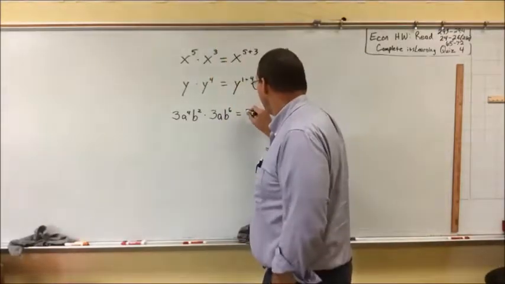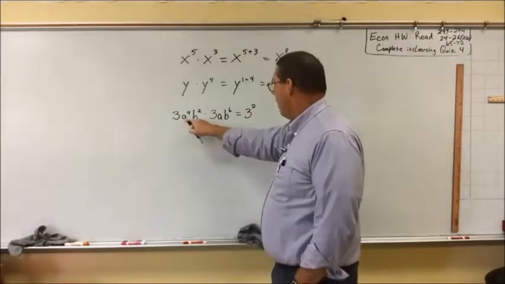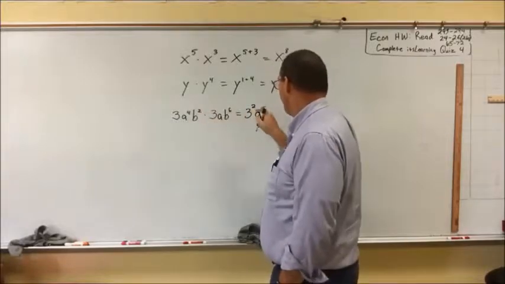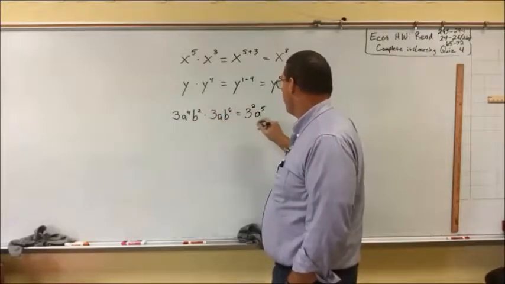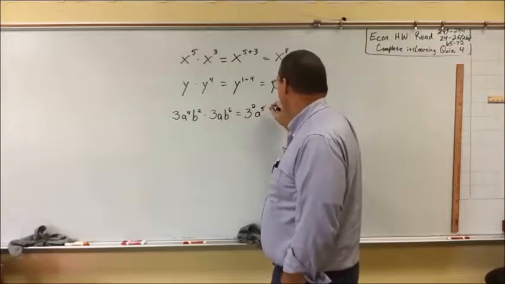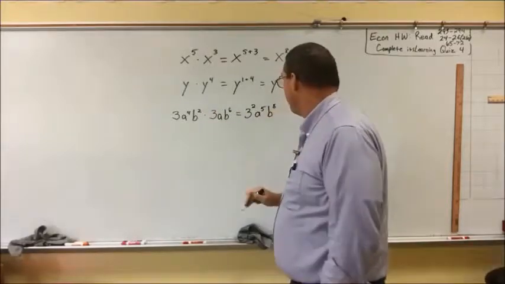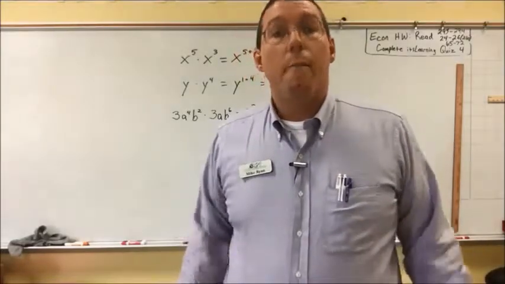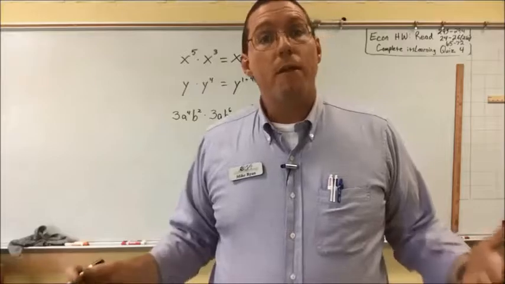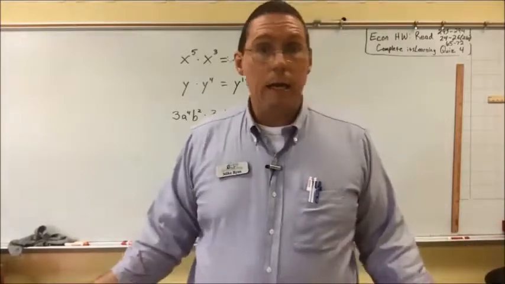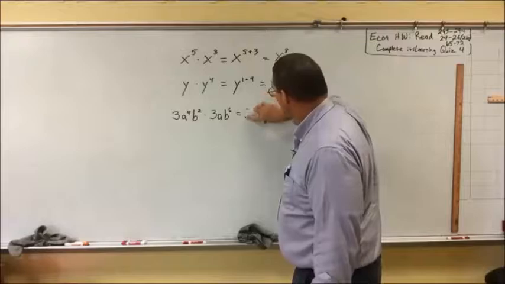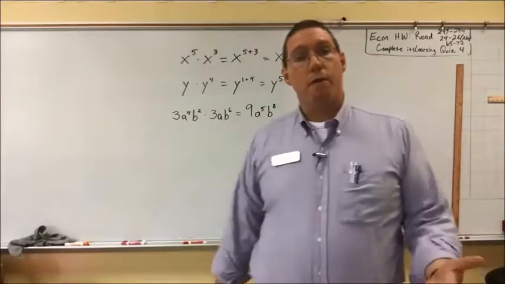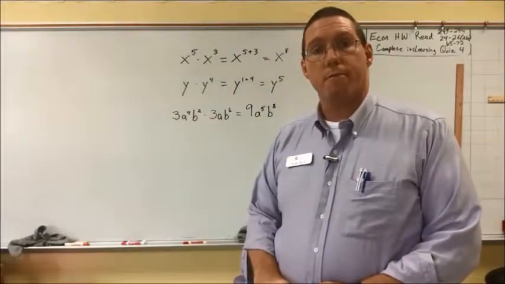So we could write it as 3 squared, and then a to the 4th times a to the 1st is going to be a to the 5th, because 4 plus 1 is 5. And then b squared times b to the 6th, 2 plus 6 is 8, so that would be b to the 8th power. But do you see this 3 squared here? You could leave it as 3 squared, but you can actually calculate 3 squared. Isn't 3 times 3 9? And therefore, instead of putting a 3 squared here, we can just go ahead and put a 9 here. Okay? All right, let's move on to the next rule of exponents.